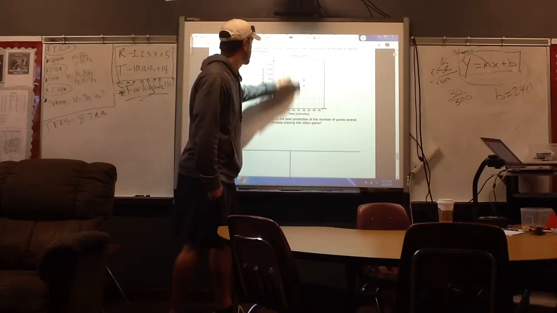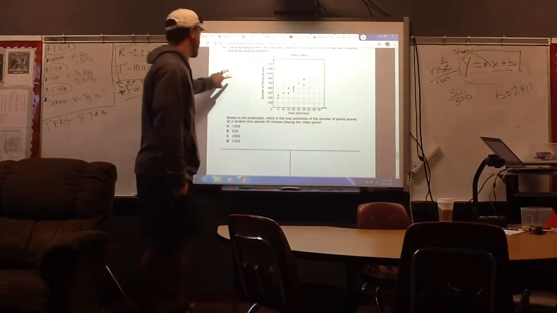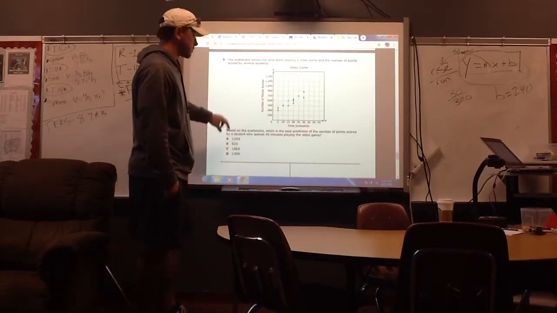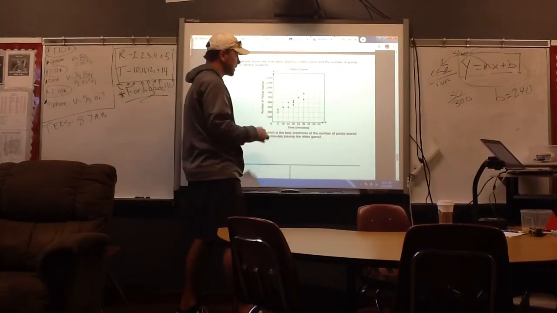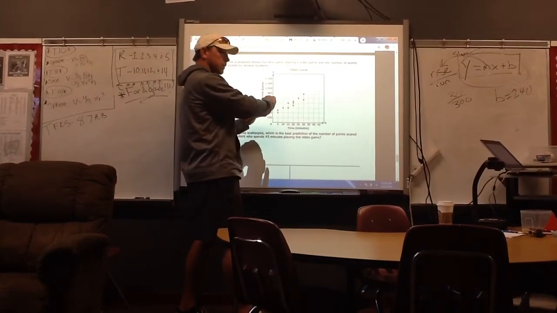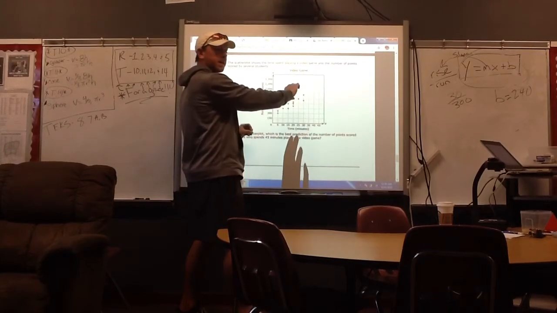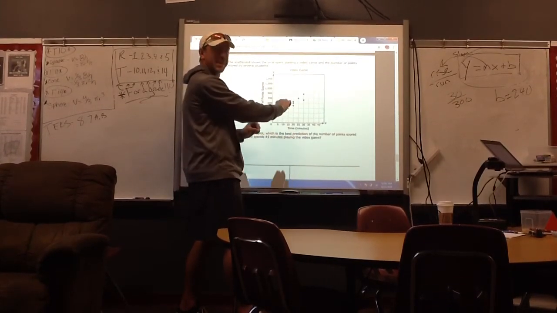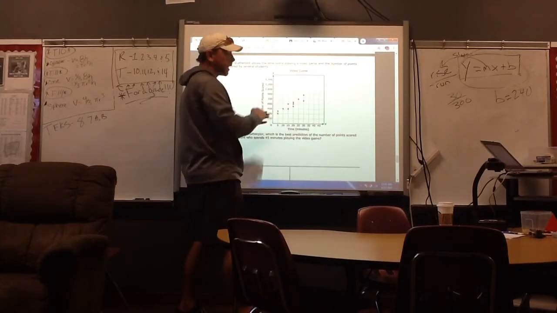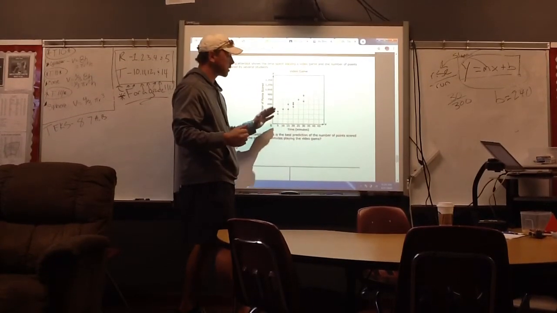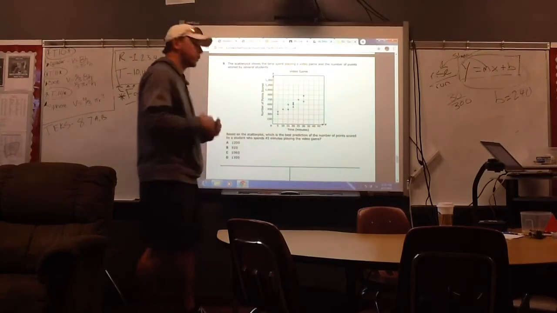Number 9, scatter plot. What it means is these points are plotted on the graph, and they're not necessarily in a straight line, like a linear relationship, but they're scattered. But sometimes we can get a trend line, which could be linear, and we could use that trend line.